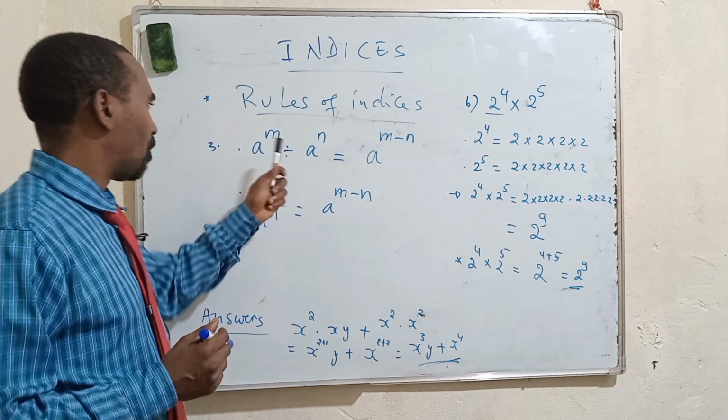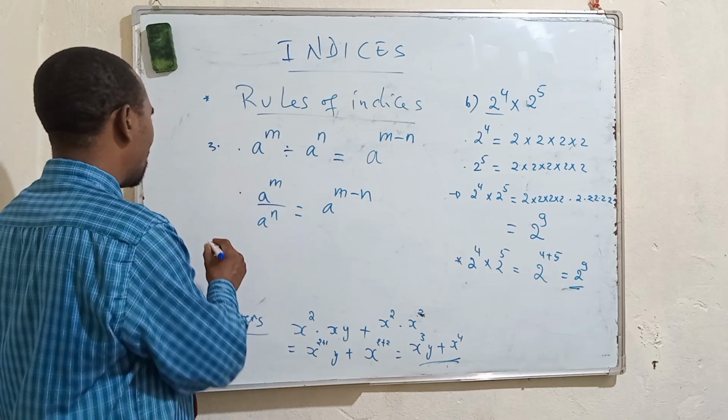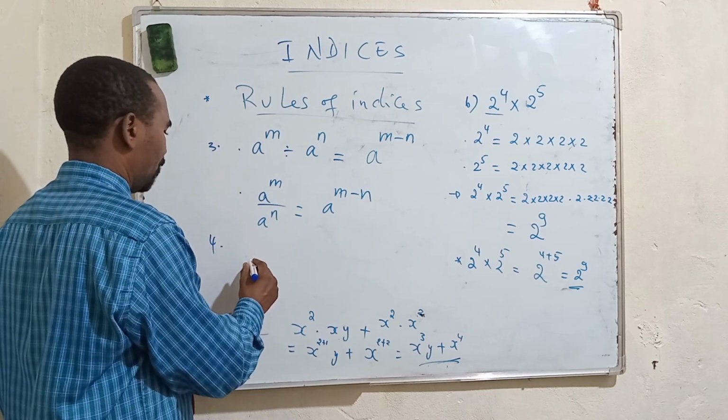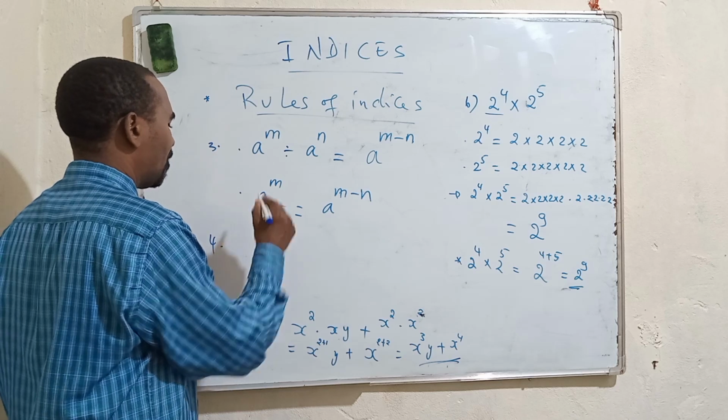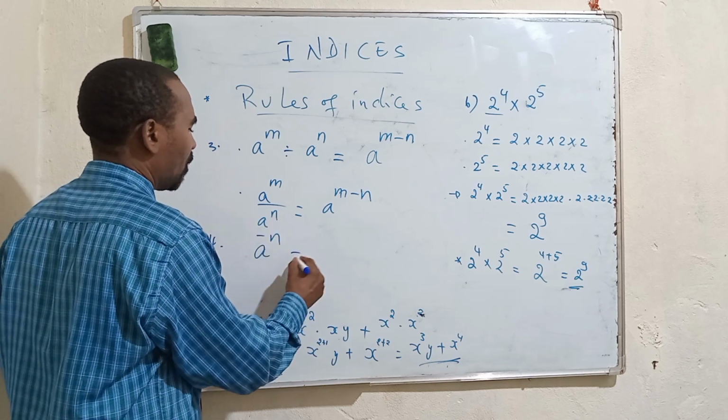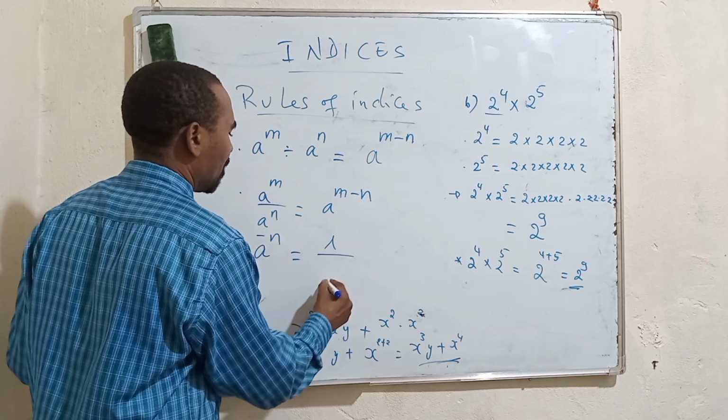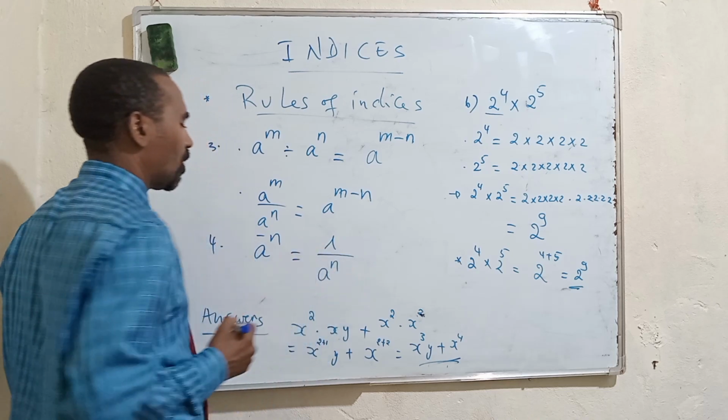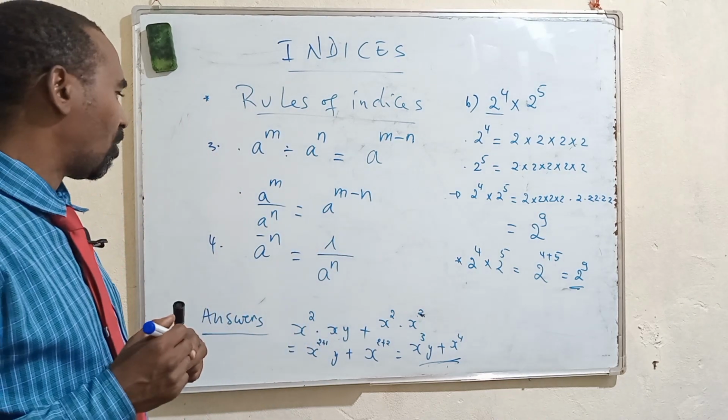I want to combine this property in one example with property 4. When you have a negative power, a power minus n, this will be the same as 1 over a power n.